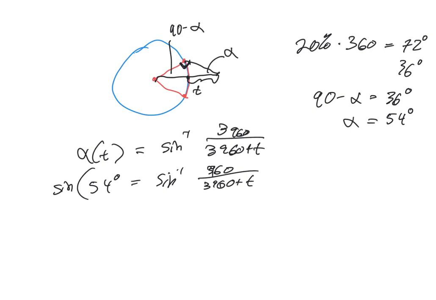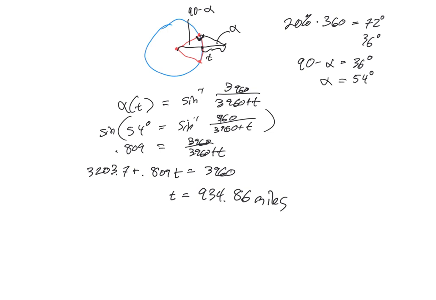So the sine of 54 degrees, being 0.809, equals 3960 over 3960 plus t. Through algebra, you end up with the total distance t being 934.86 miles, give or take, depending on how you rounded. That's how high above the Earth it would need to go.